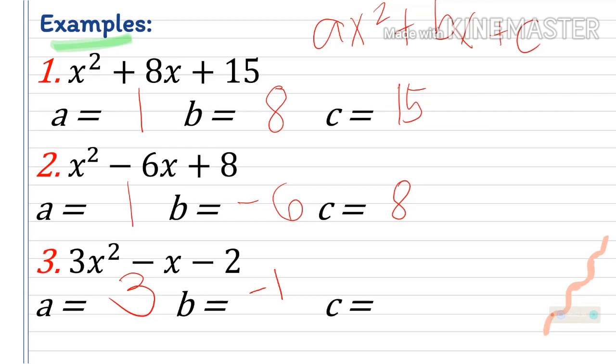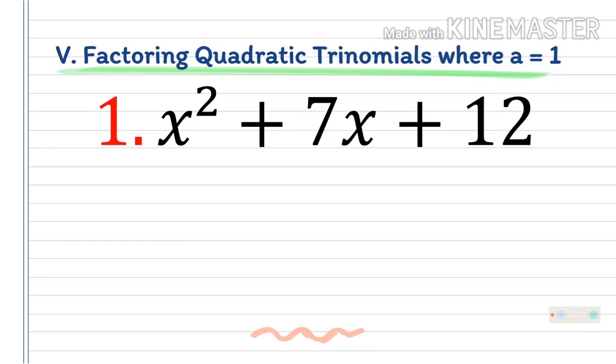So again, if you haven't seen any number before the variable, it means 1 or negative 1. And the value of c is correct, we have here negative 2. Is there any question about the values of a, b, and c in the quadratic trinomial? If you don't have questions, let's now proceed with factoring.